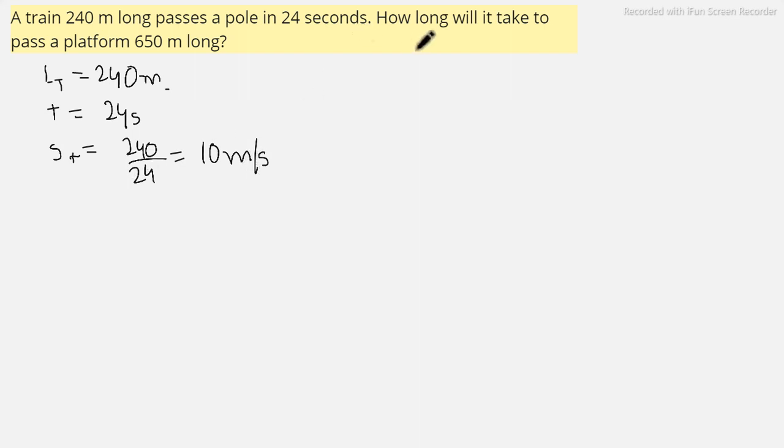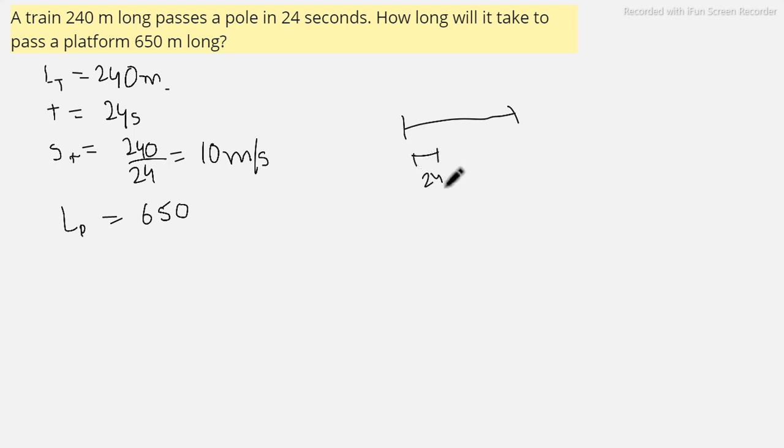Now it is asking how long will it take to pass a platform of 650-meter long. So the length of platform is given, 650 meter. Now if we see, this is the platform, and the length of the train is 240 meter.